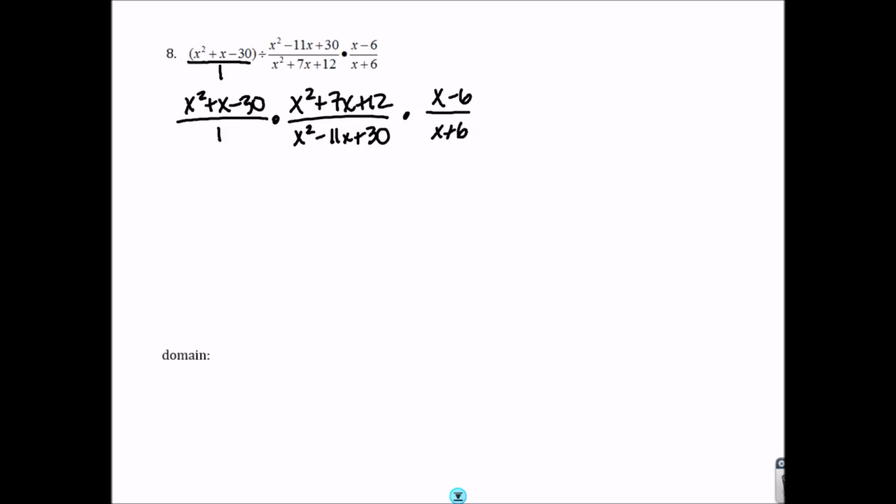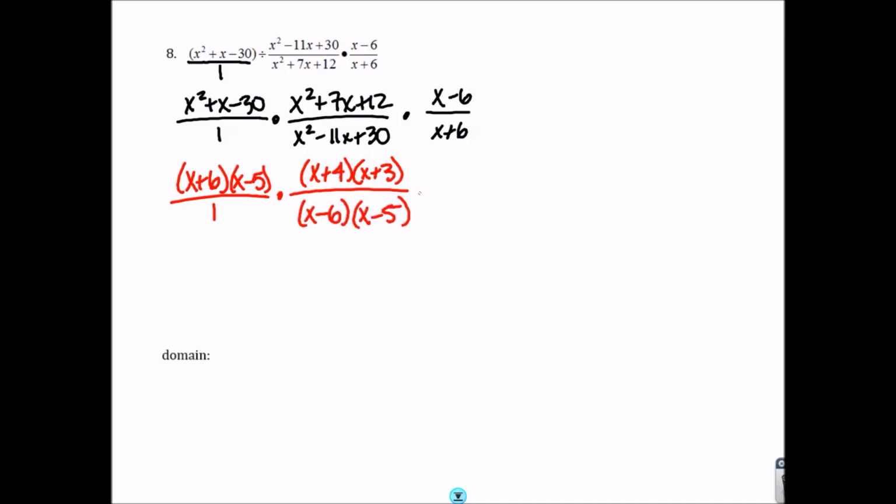Then we can factor. We have x plus 6, x minus 5 over 1 times x plus 4, x plus 3 over x minus 6, x minus 5 times x minus 6 over x plus 6.